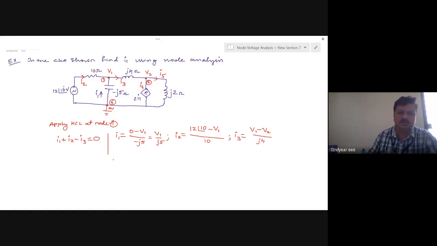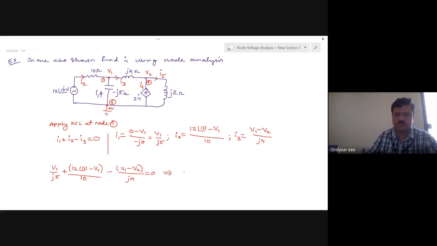Now I have to substitute this in this equation. So it is V1 by J5, I1, it is V1 by J5 plus I2 is 12 at an angle 10 minus V1 divided by 10, minus I3 is V1 minus V2 divided by J4 is equal to 0.